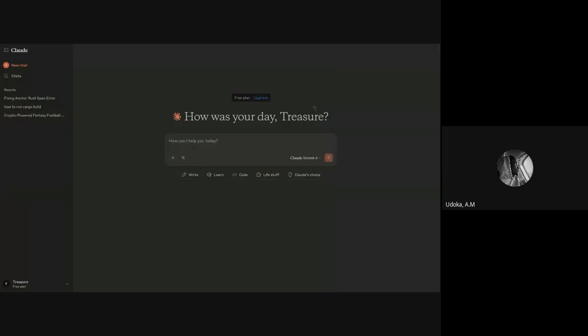I'm going to say: show an example of program declaration in both native Rust and Anchor syntax.